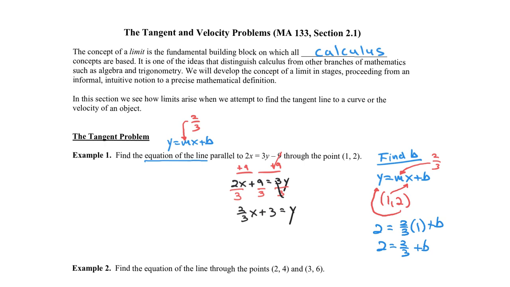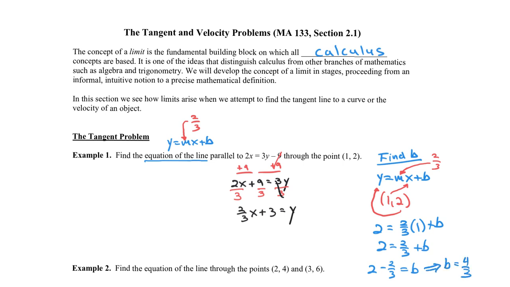To get b by itself, I subtract 2/3, so 2 - 2/3 = b. This 2 is really 6/3, so 6/3 - 2/3 is 4/3. So b equals 4/3.